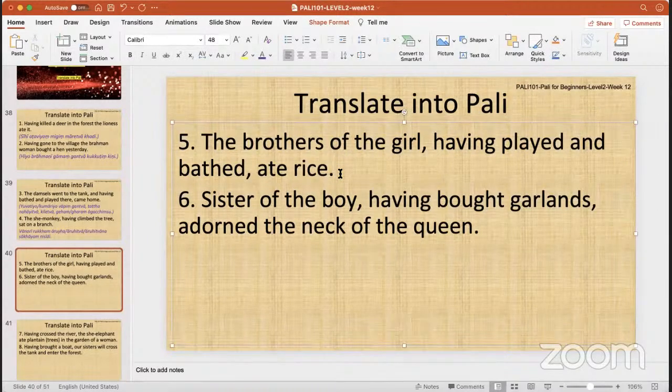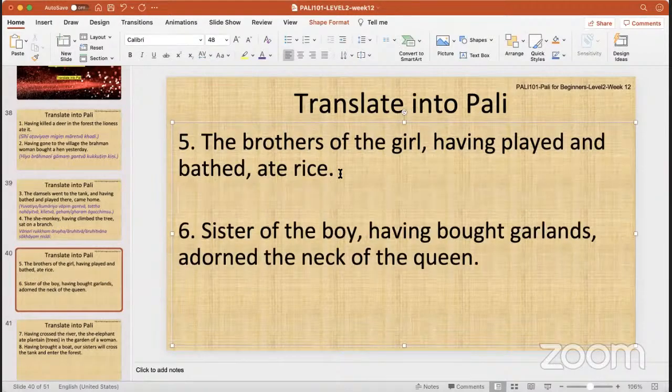Brothers is the subject, so it is patama vibhati bahuvachana. So it should be patama purisa bahuvachana, Pataro. Atita kala patama purisa bahuvachana, right? So brothers ate, and rice is the object here.